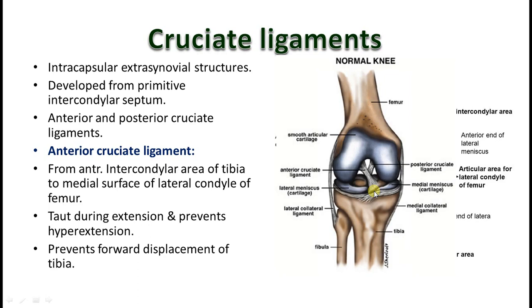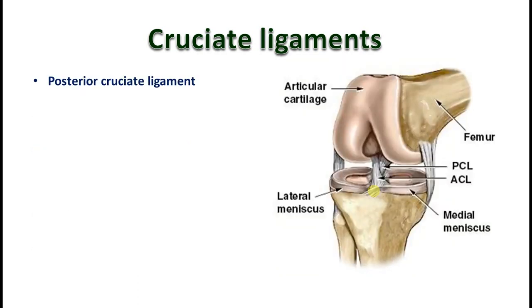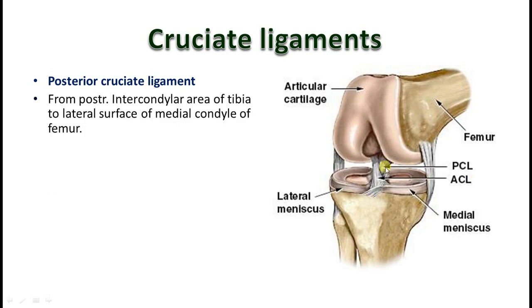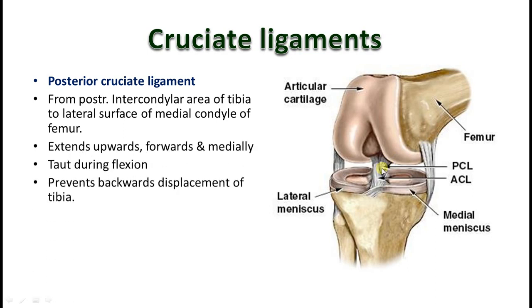Anterior cruciate ligament. The next ligament which we are going to see is the posterior cruciate ligament, which you are able to see here. It arises from the posterior most part of the intercondylar area of tibia, and it goes to the lateral surface of the medial condyle of the femur. That is the posterior cruciate ligament.